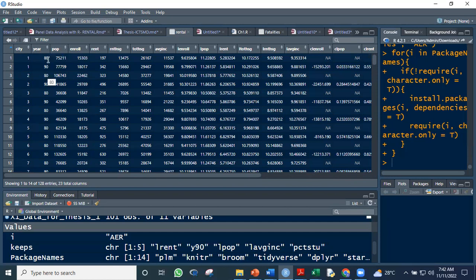So this tells us that data was taken at year 1980 and year 1990. The variables that we're looking at are the population, the enrollment of the students, and rent. We started looking at this, and we're interested to know what affects the enrollment in a particular town, in a particular city.